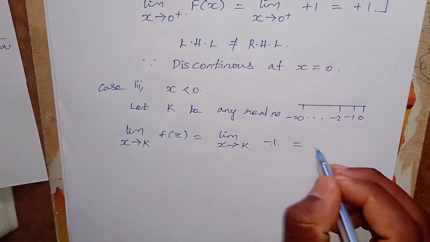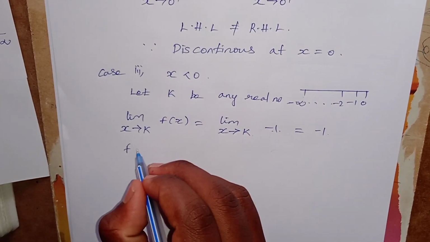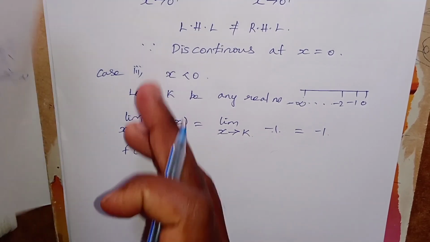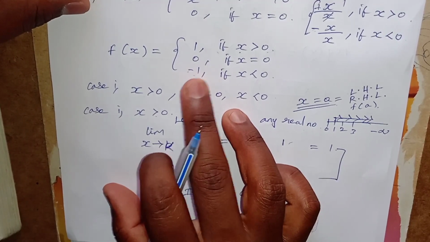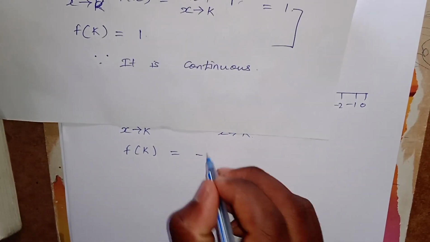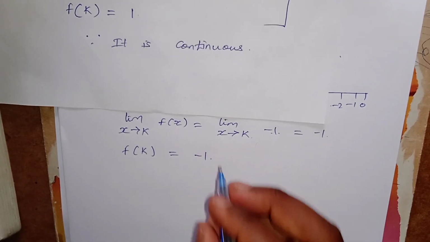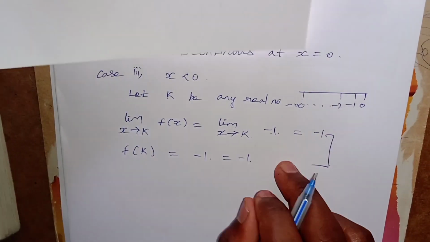Finally you should write minus 1, it's my answer. Next, f of k: substitute the value in place of x, but minus 1 only is present, no x here. Finally you can write minus 1, therefore both are satisfied.